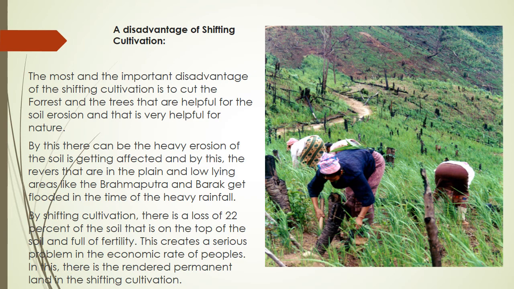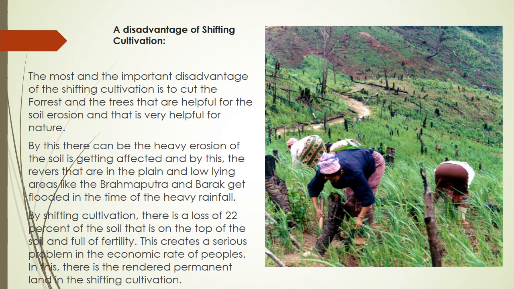By this, there can be heavy soil erosion, and the rivers in the plains and low-lying areas like Brahmaputra and Barak get flooded during heavy rainfall. If the trees are cut, there is nothing to stop the water, so it comes directly down into the valley.